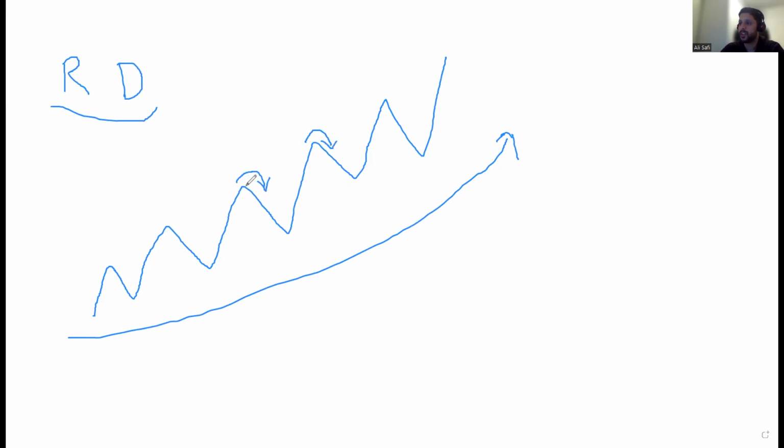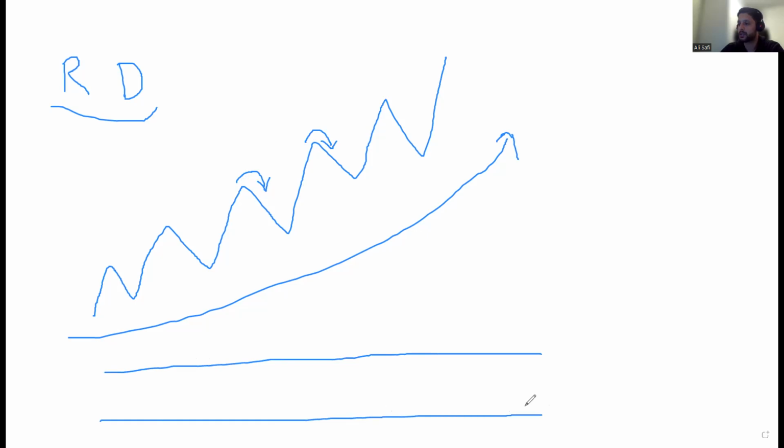So when we have a higher high in price, but just imagine this is RSI, a lower high in RSI, then everyone is saying, oh, we found a divergence here.